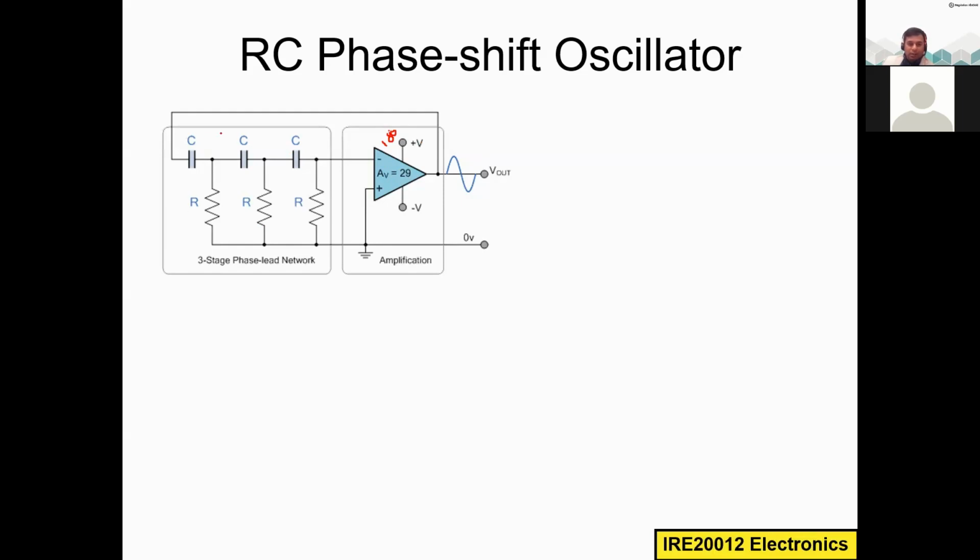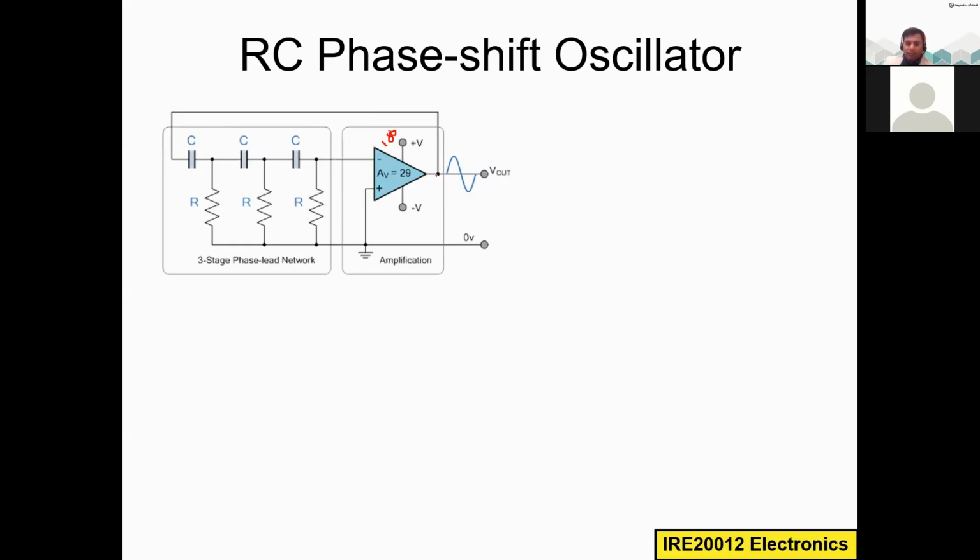So this is the circuit construction and how it works. We also take a fraction of the output and feed it back to this RC network, and the RC network gives some output, which is given as the input to this operational amplifier.